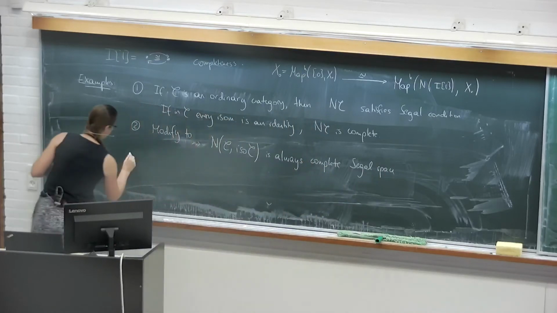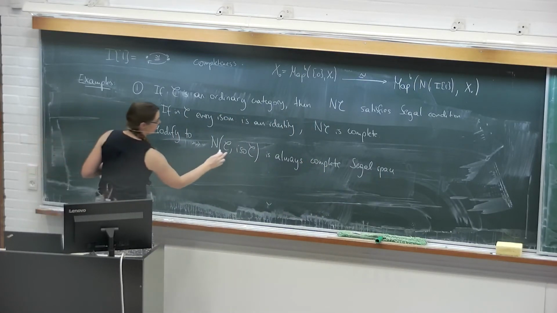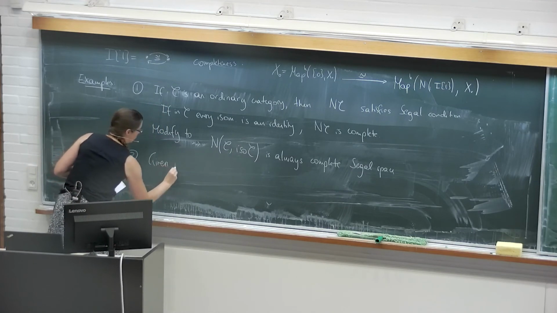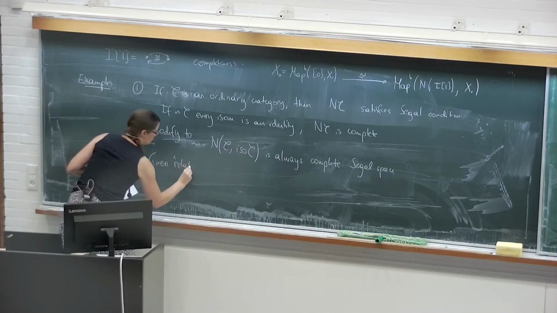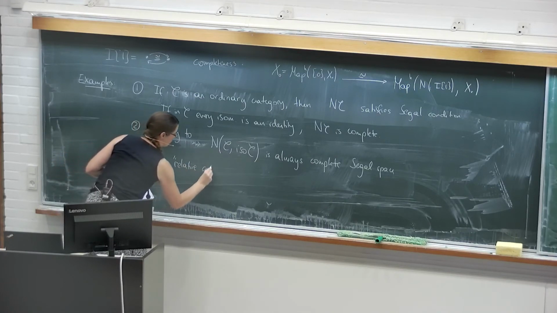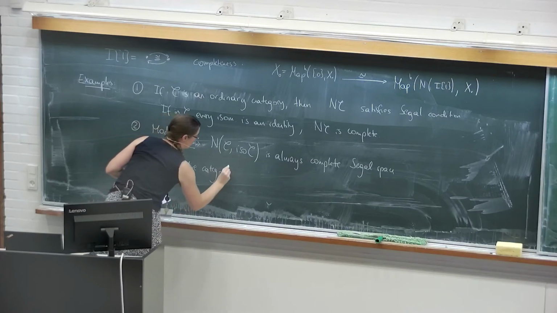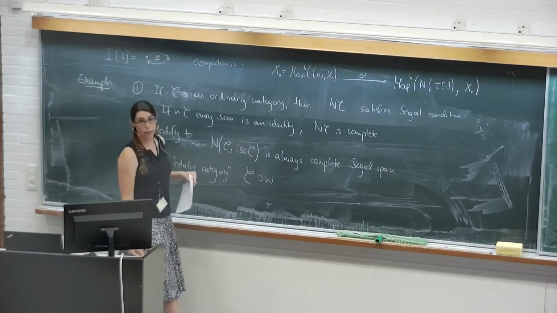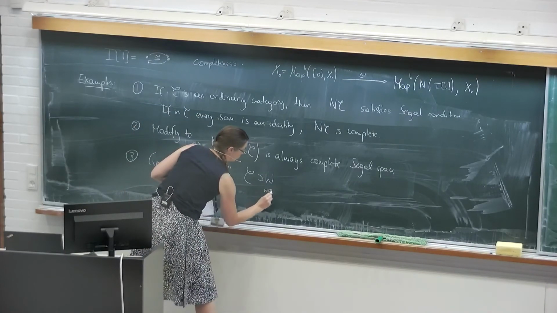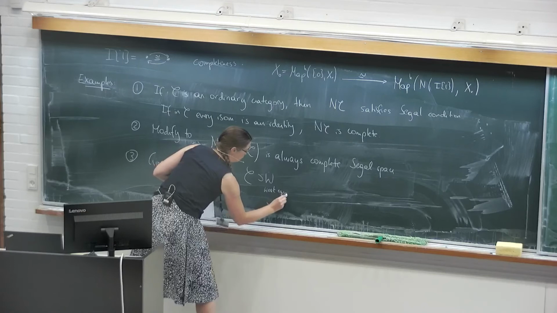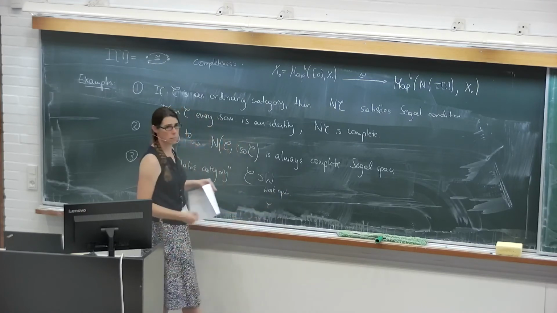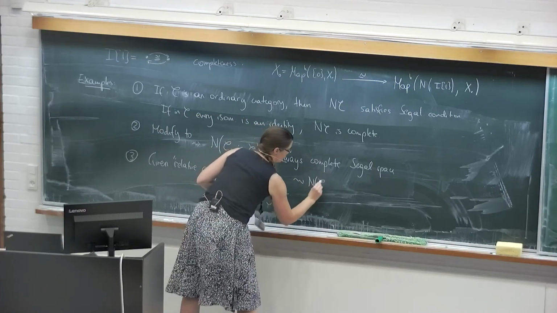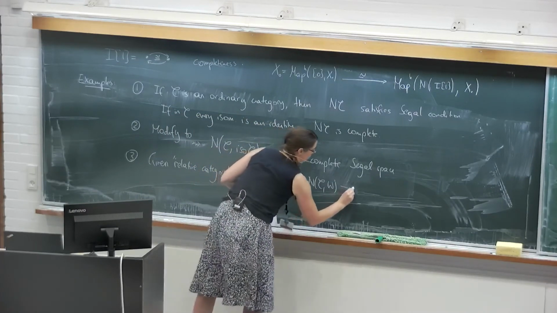And actually this is an instance, there's a reason there are two components here. So given a relative category, so that means C with a subcategory of weak equivalences, and there are some mild technical conditions, then we have this relative nerve, and this is a complete Segal space.